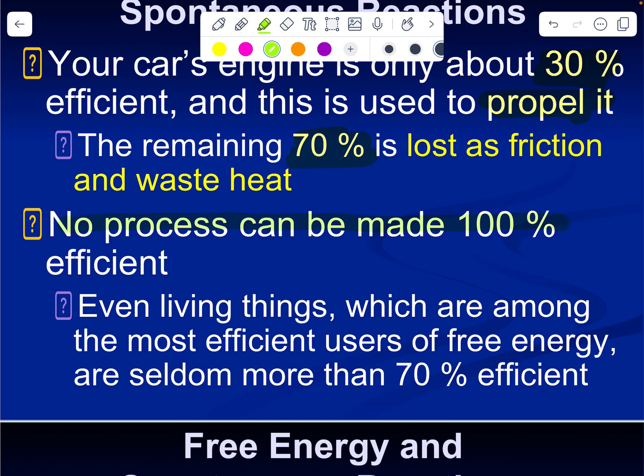No process can be made 100% efficient. Living things, which are among the most efficient users of free energy, are seldom more than 70% efficient. So you yourself run in the ballpark of a 70% efficient machine.